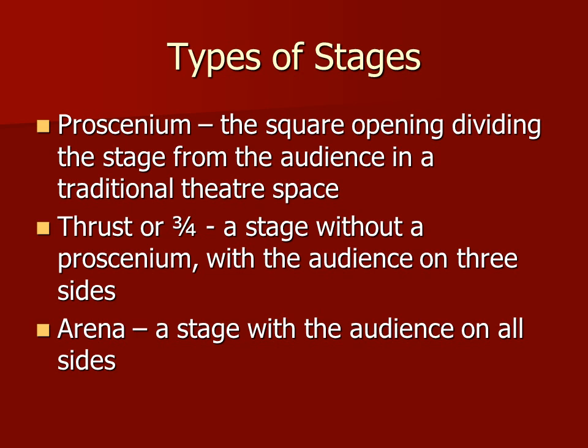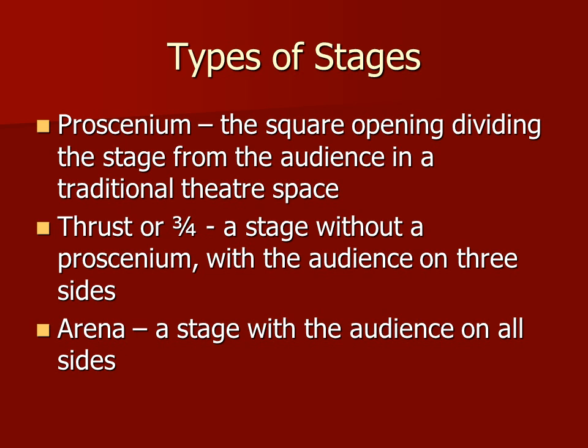But that is not the only sort of theater that there is. And in fact, I like performing in other sorts of theaters that get the actors closer to the audience. One of those is what we call a thrust stage, or what sometimes we call a three-quarter or three-quarters thrust stage. And this is a stage without a proscenium, with the audience on three sides. So literally the stage thrusts out into the audience.